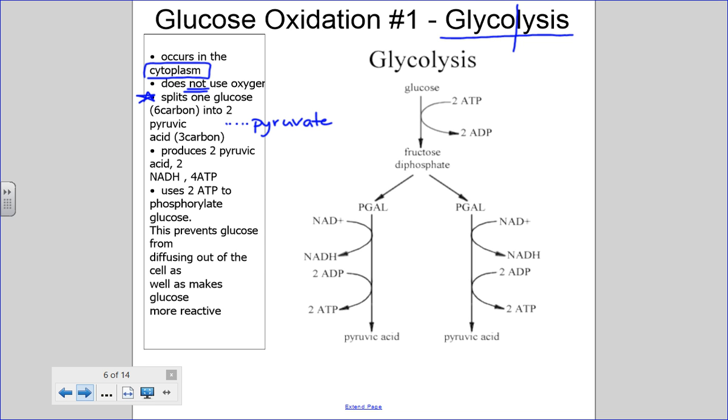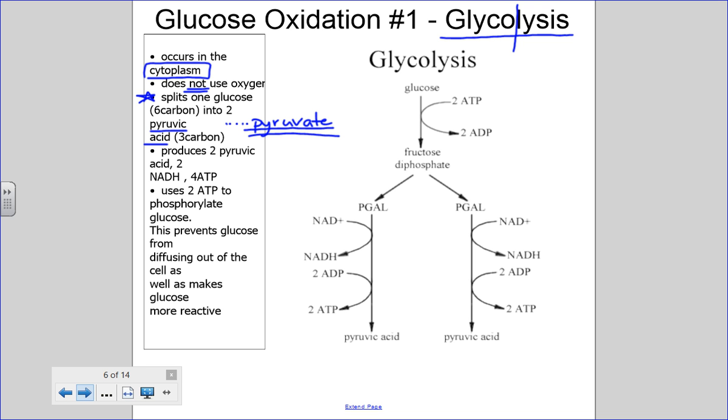The only difference is that for something to be an acid, it has to be in solution. And pyruvate is the substance that would get dissolved in water. That's a chemistry point. I'm not asking you to be able to explain that. I'm just letting you know that you might see the word pyruvate here, and I'm talking about the same substance, pyruvic acid.